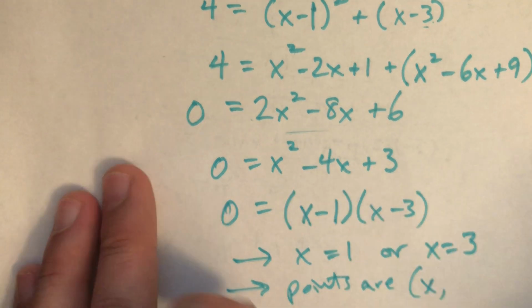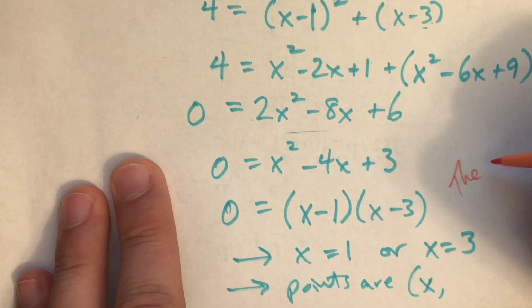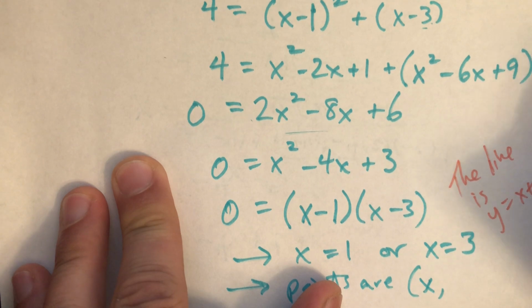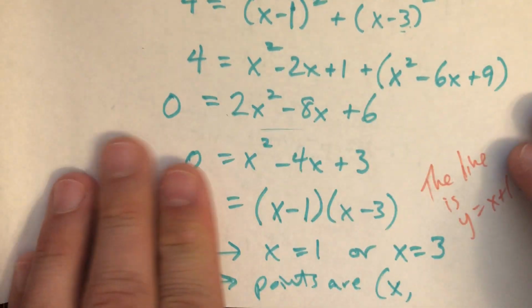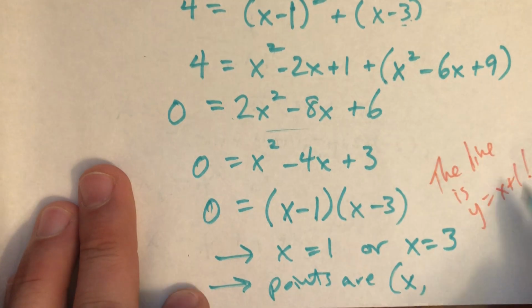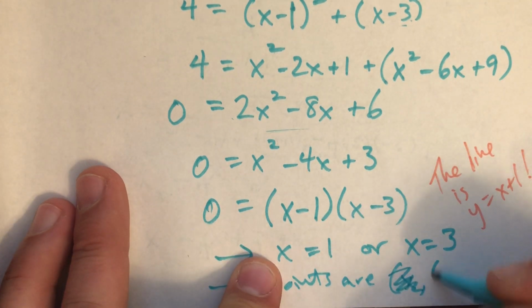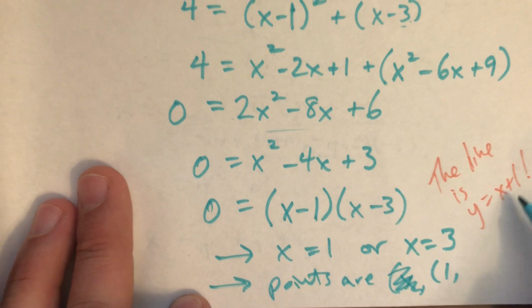So remember, the line is y equals x plus 1. So this is where we're getting our points, right? We're plopping them in here because we know that these points are on the line.